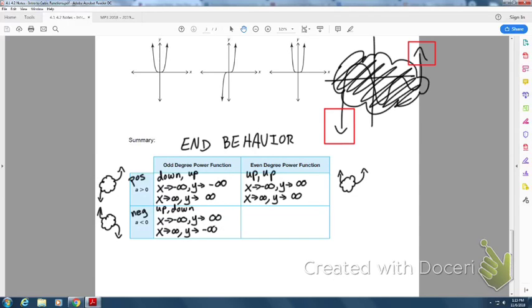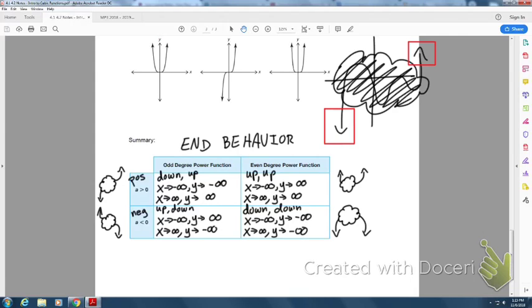Positive infinity. And then if it's negative, everything reflects. All my ups turn to downs because it looks like that. That would be a down, down. And both my y's would end up approaching negative infinity.